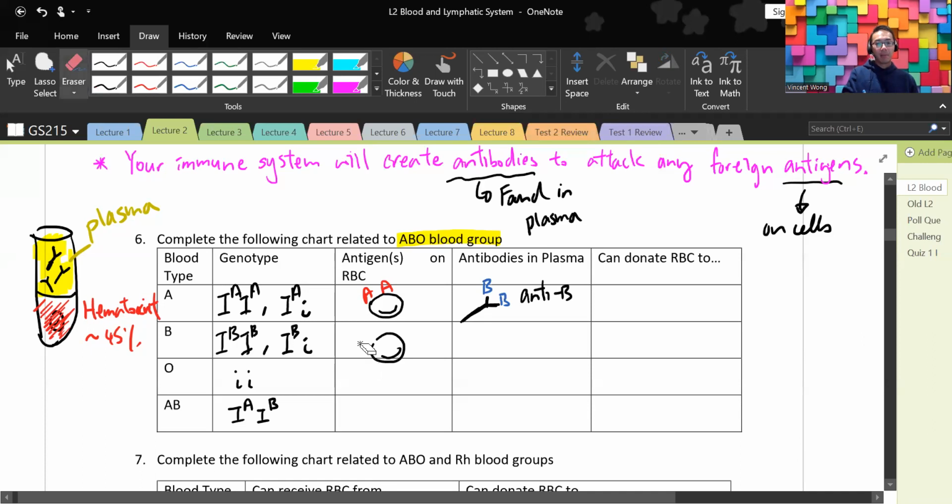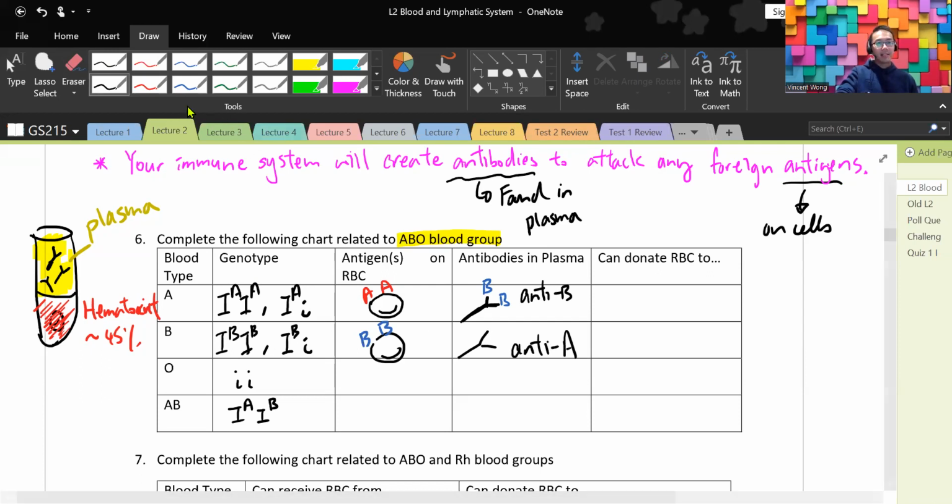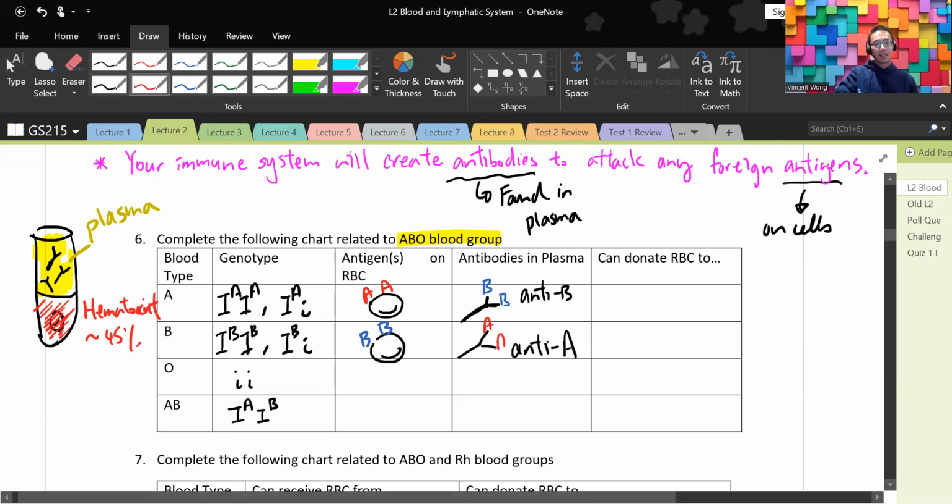What about here? If the person is B, then naturally they have B proteins on the surface of the red cells. And this time around, they will make anti-A antibodies. And if you are little i, what's going to be on the surface of the red cells? None.